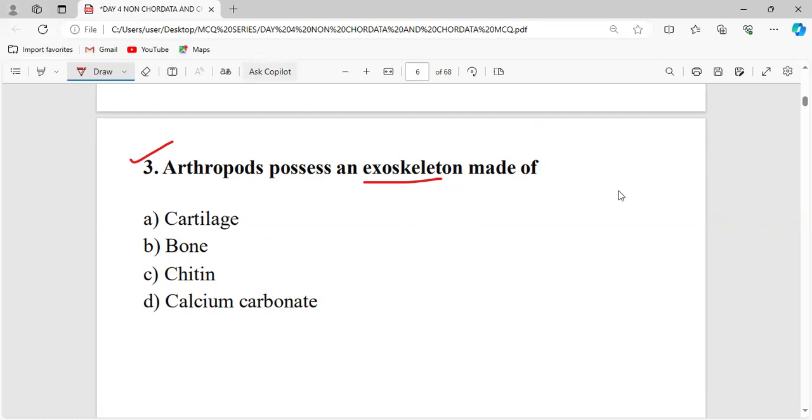What is that? Chitin. Chitinous exoskeleton. Very good. This is the important criterion with respect to arthropods. Arthropoda is also called the jointed appendages group, and it is known for its chitinous exoskeleton.